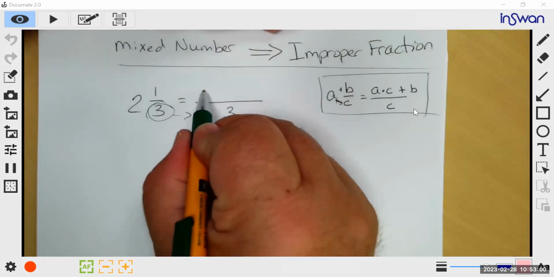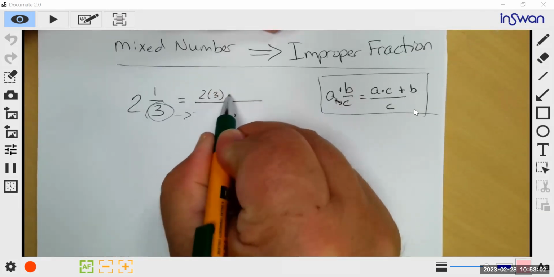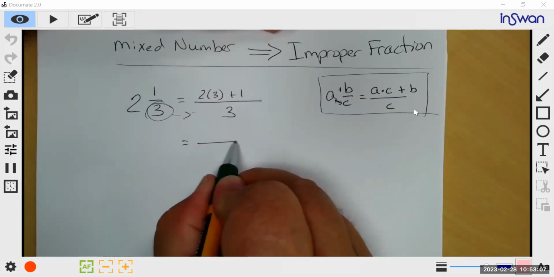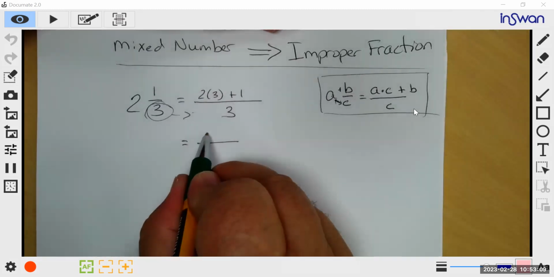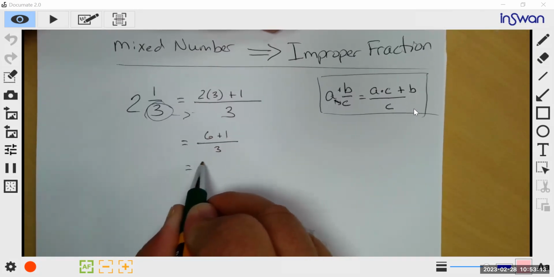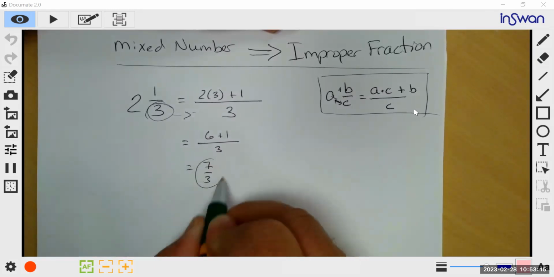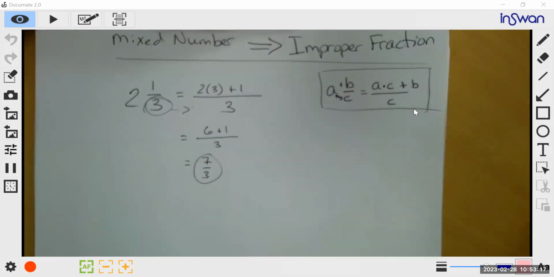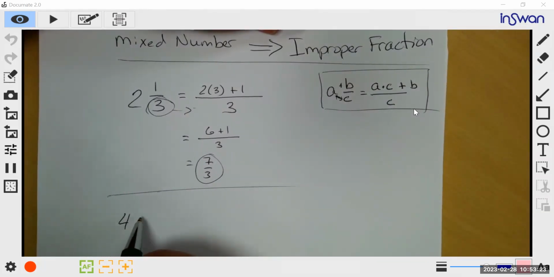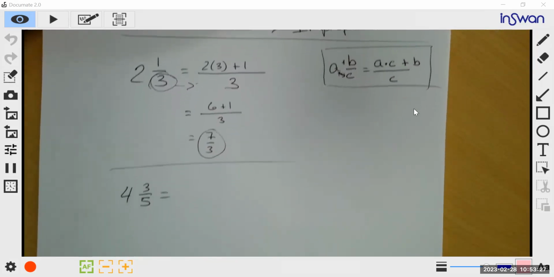So it's 2 times 3 plus 1. 2 times 3 is 6. Plus 1 is 7 over 3. And there's your improper fraction. Convert this one.